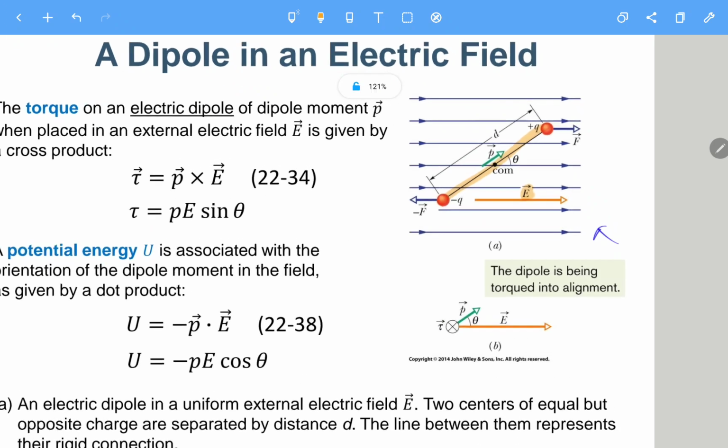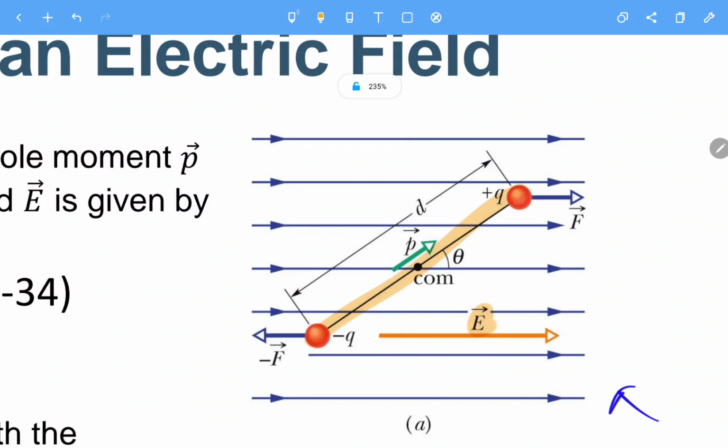So we can consider here we have the E field pointing to the right side, and of course we have a positive charge and a negative charge with the same magnitude but opposite sign. Okay, so E field pointing to the right side. For the positive charge, F will point to the right side, which has the same direction as the E field. And for the negative charge, the force will have the opposite direction to the E field.